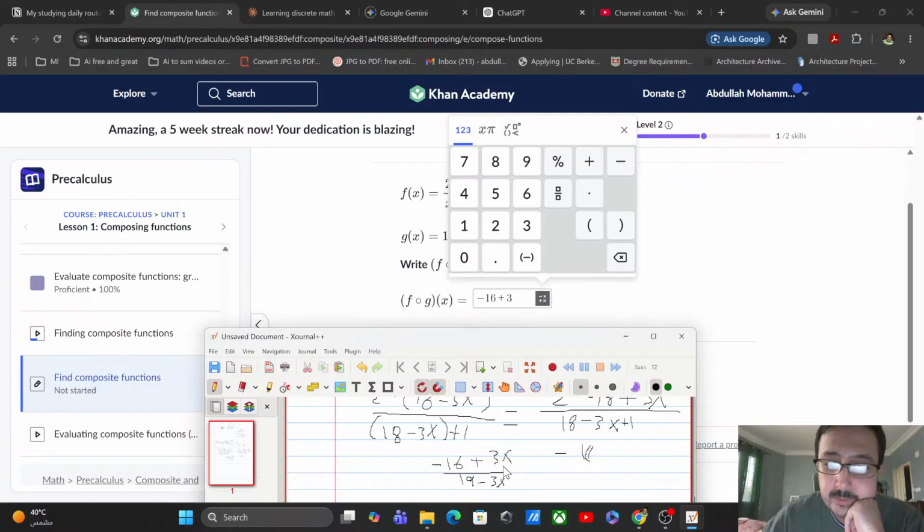Plus 3x over minus 3x. We could do it further.